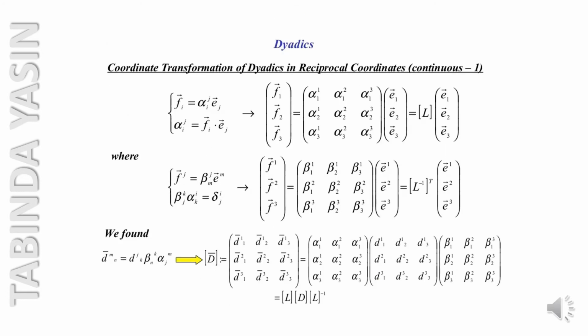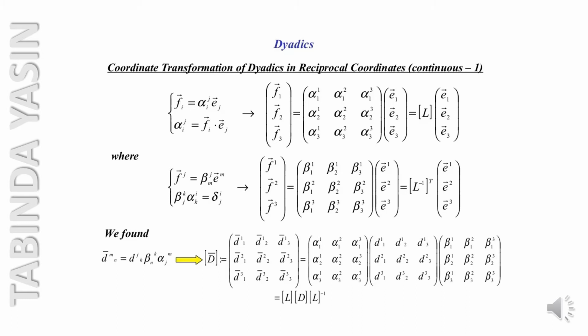We have the values of f_i and f_ij, and writing in matrix form and solving gives L times e1 e2 e3, where f_j and b_jk alpha_jk is equal to (L^-1) transpose e^1 e^2 e^3.